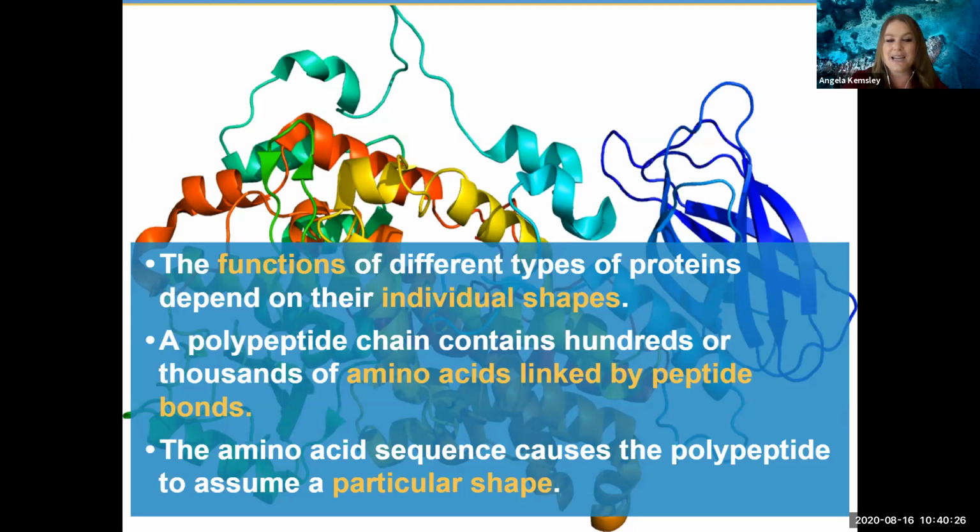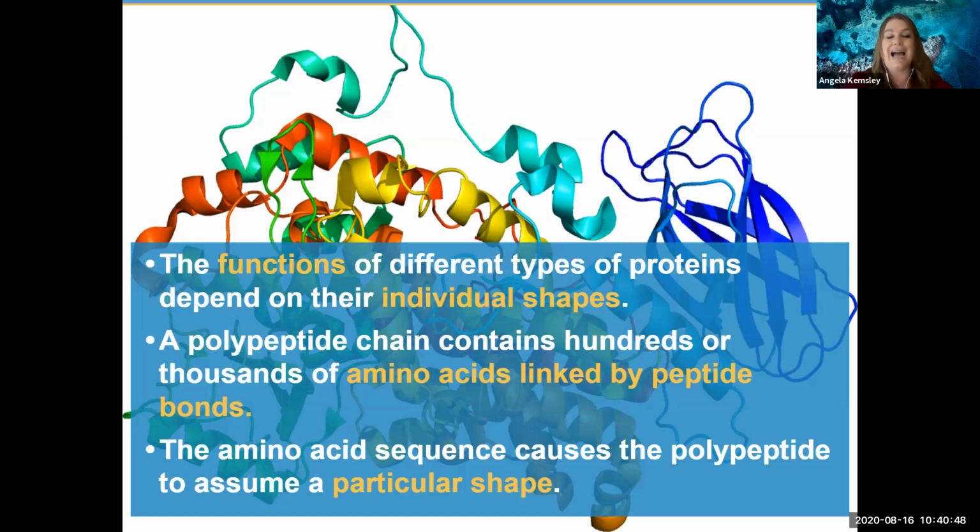A polypeptide chain contains hundreds or even thousands of amino acids linked together by what we call peptide bonds. So just remember that proteins are made up of amino acids linked together by a certain type of bond called a peptide bond. You don't need to get too in depth with what a peptide bond is.